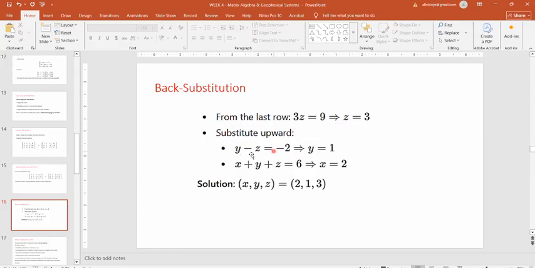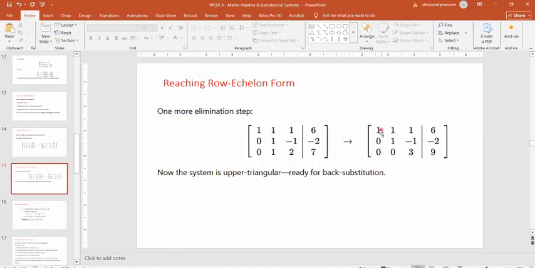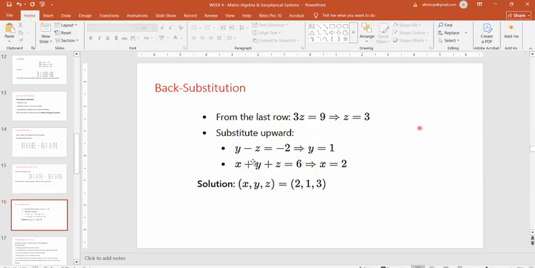When you now substitute Z here, you're going to get Y equals 1. Then for the last one, this is X plus Y plus Z equals 6. We have our Z first, then our Y, so we can now substitute for X. So X will now become 2.